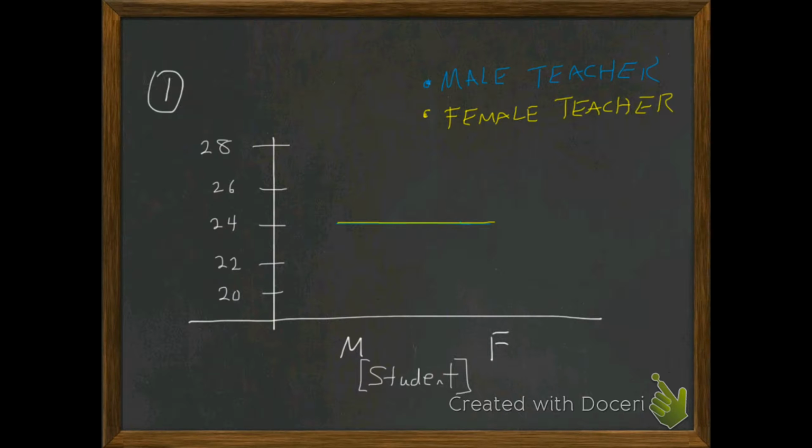So that's a situation where we would have neither the main effects statistically significant or the interactions. Okay? Now let's look at the second situation.